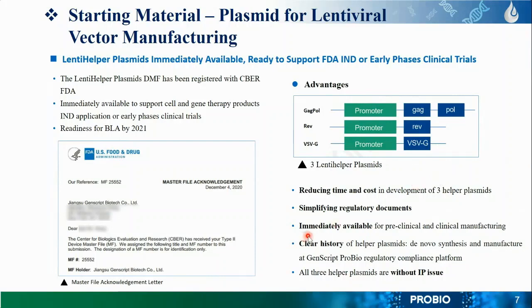It is completely and immediately available for preclinical and clinical manufacturing, and it comes with a very clear history. The most important thing is that all 3 plasmids come without any IP issues. So that's also one of the most important features of our plasmids.